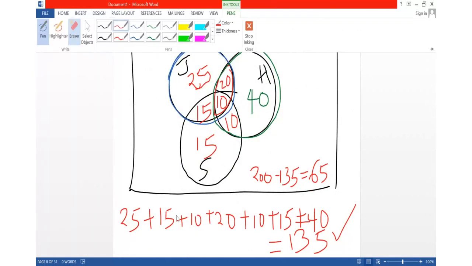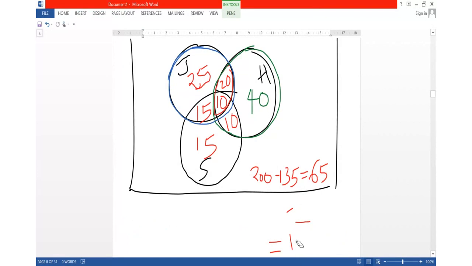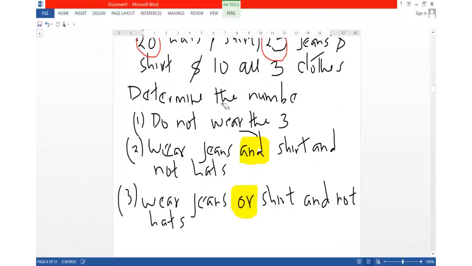I want you to try these numbers, and then if you can get these ones, then we'll be okay. Then the questions were jeans and shirts. Let me write it here.